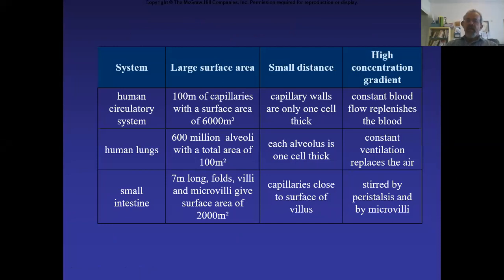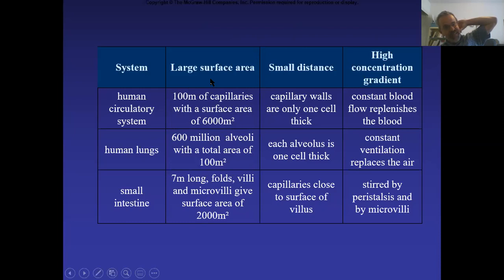All right. So this is just kind of a side-by-side comparison. You're going to hear me talk a lot about surface area, how with lungs we have roughly 600 million alveoli, large surface area. Circulatory system, we have large number, large volume, large surface area of capillaries. And later we'll look at the intestine, large surface area.